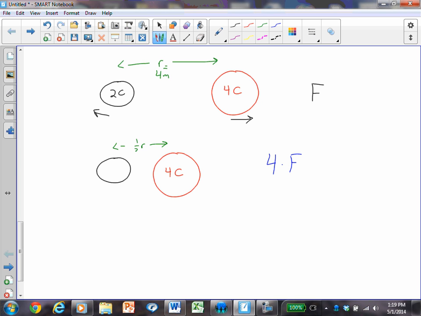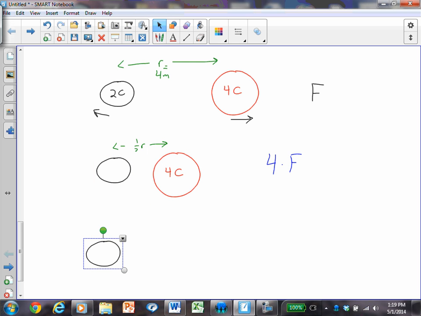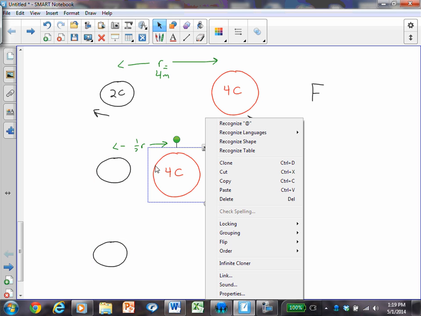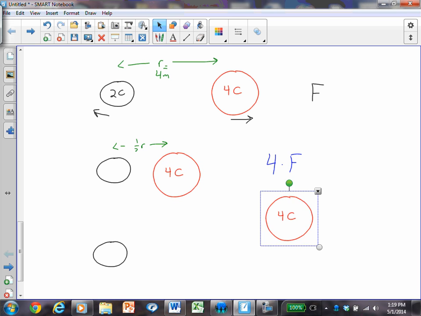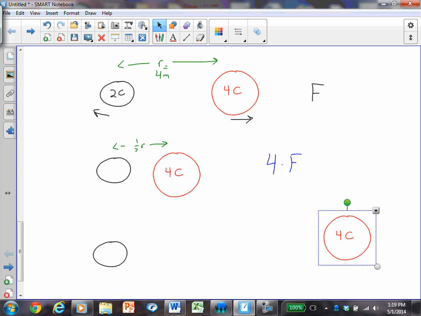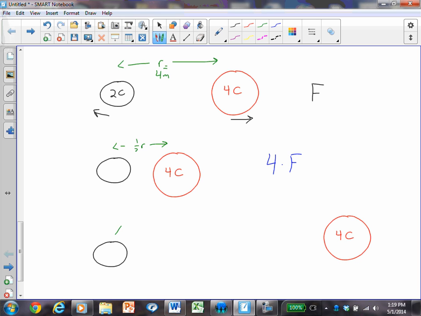So, at any rate, what would happen if we double the distance r? Does it get bigger or smaller, the force?